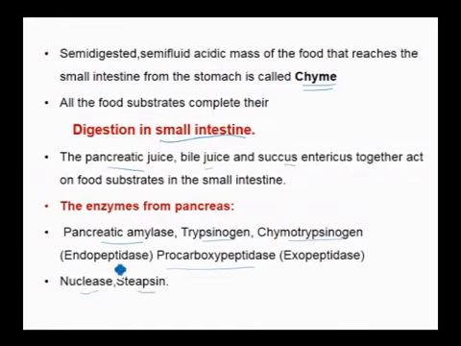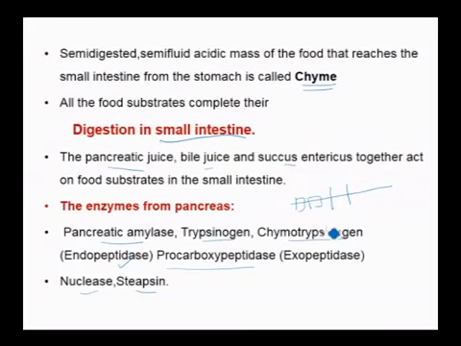Trypsinogen and chymotrypsinogen are considered endopeptidases because in a long chain of amino acids, the inner peptide bonds are broken down by trypsin and chymotrypsin.